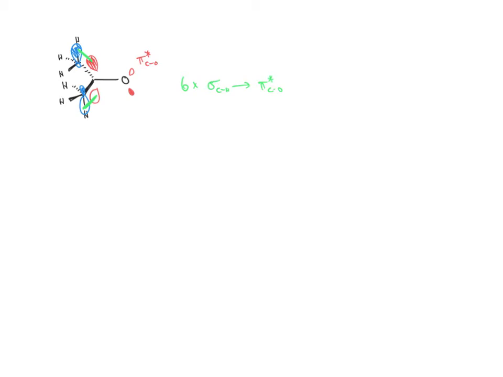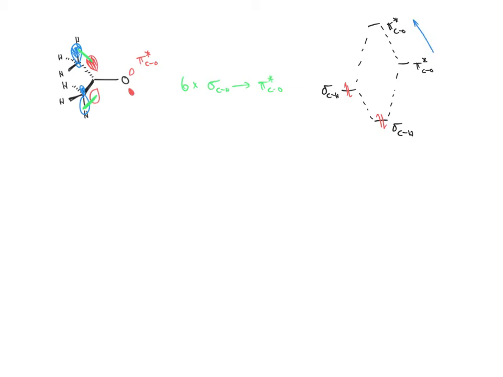And so let's take a look at what that might look like in terms of a molecular orbital diagram. If we have a sigma CH bond overlapping with a pi star CO, and we've got 2 electrons in there that are overlapping and mixing to give 2 new molecular orbitals, what happens is the sigma electrons certainly go down in energy, but the pi star CO goes up.